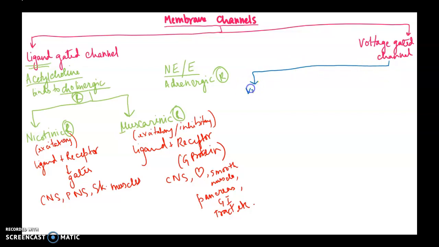The first one is voltage-gated sodium channels, and we have learned about voltage-gated sodium channels during our lecture on muscles. Then we have voltage-gated potassium channels. And we also have voltage-gated calcium channels. Let's talk about each of these voltage-gated channels.